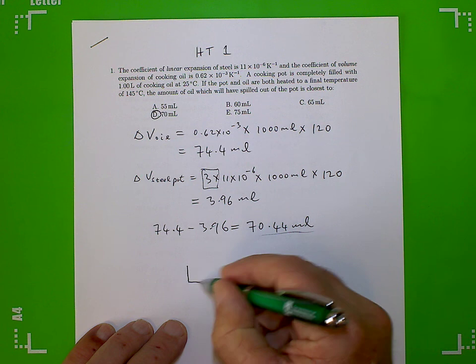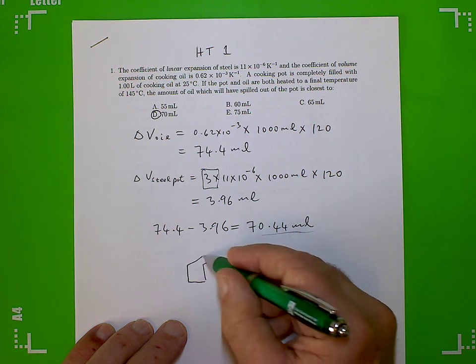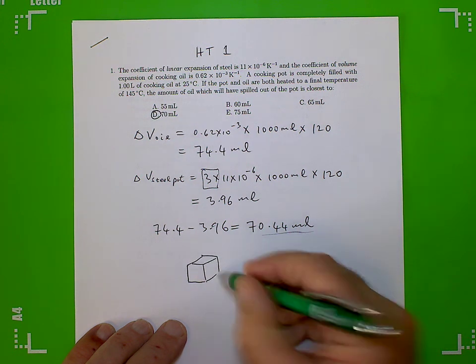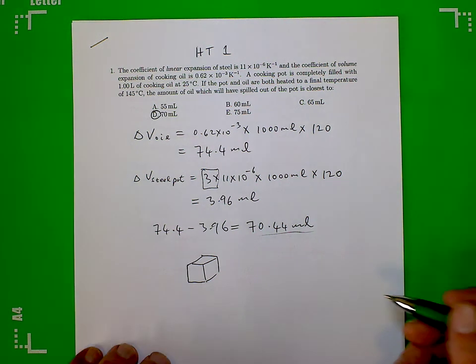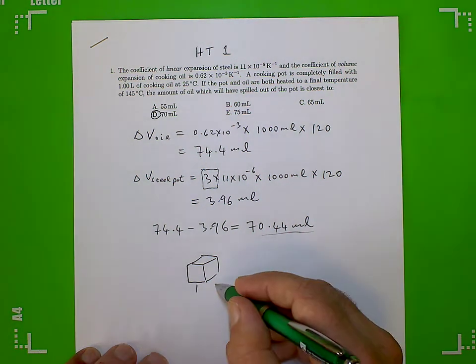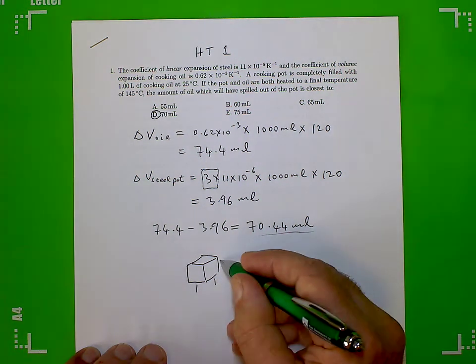Take a cube. There's a cube made of steel, and we have length 1.